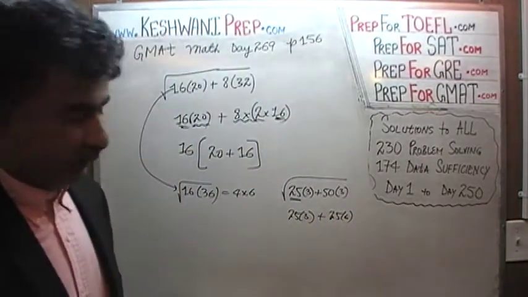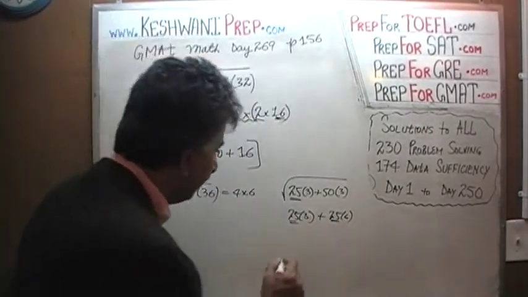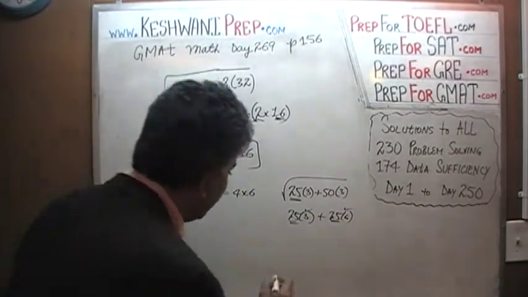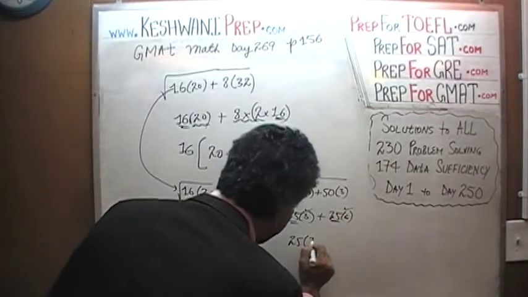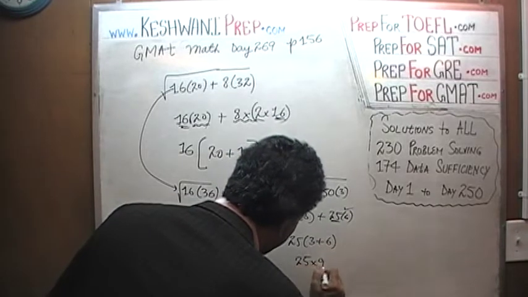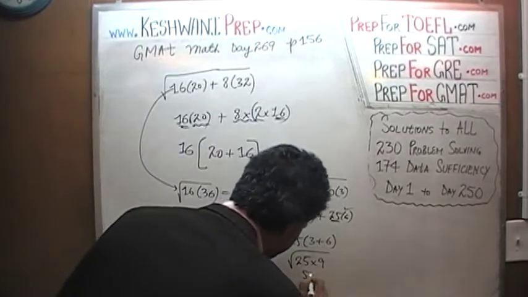Now we can take 25 common, and inside we'll be left with 3 plus 6, which is 9, which is another perfect square. So we have the square root of 25 times 9, which is simply 5 times 3.